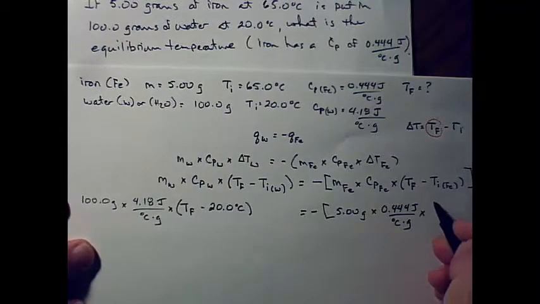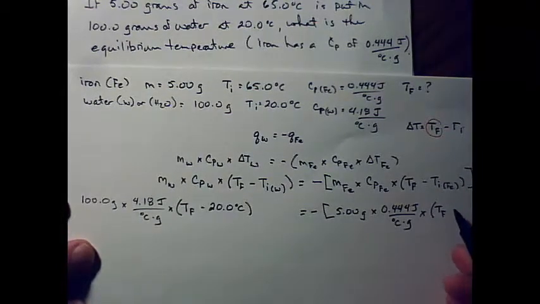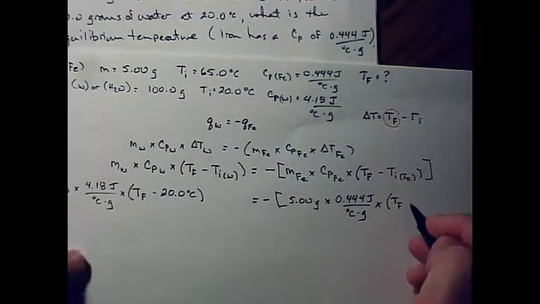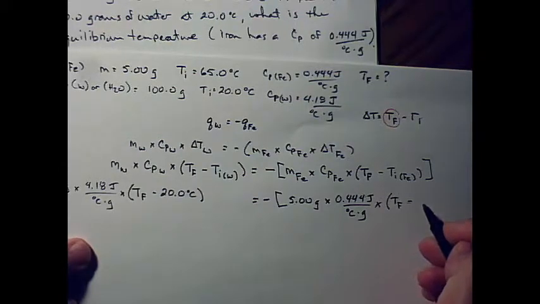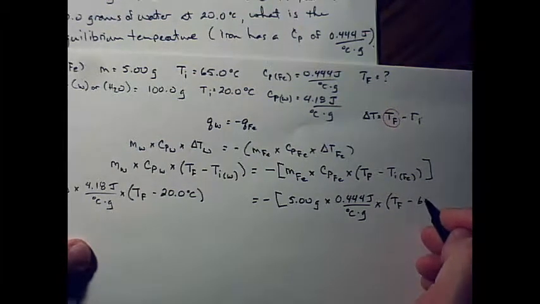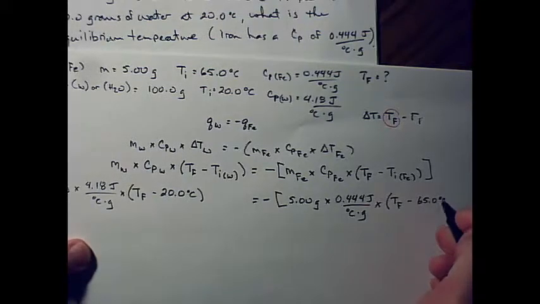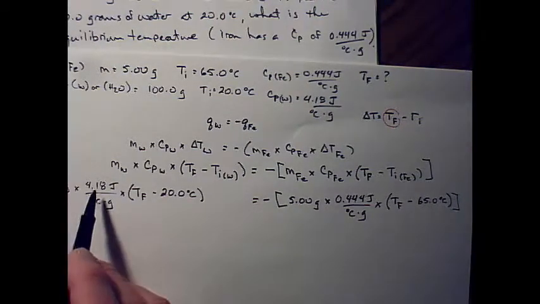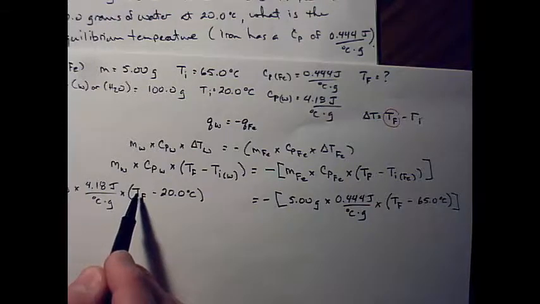And then we've got this temperature final, which is going to end up being the same for both the water and the iron, so I don't have to put a different TF for the species. And then minus the initial temperature for the iron. The initial temperature for the iron is 65 degrees. Close that parentheses, close that bracket. Alrighty then, when I multiply this term times this term times this term, I get 418.